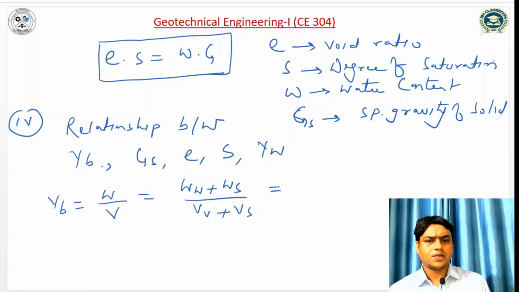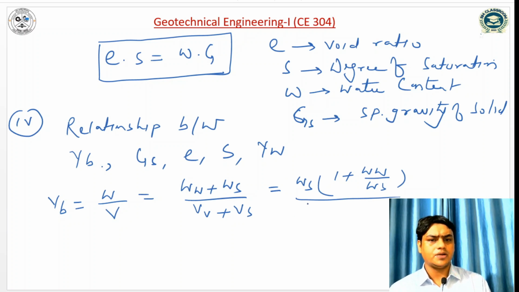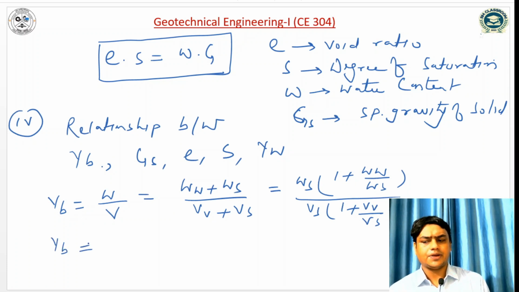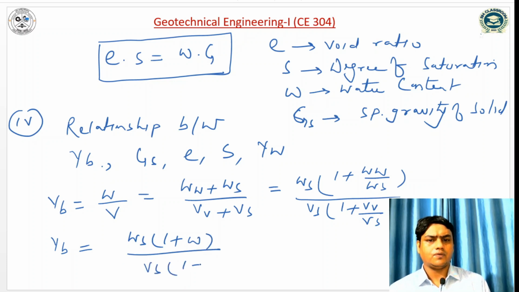If I take Ws common, so 1 plus weight of water by weight of solid, divided by, if I take volume of solid common, 1 plus volume of void by volume of solid. So unit weight can be written as Ws into 1 plus weight of water by weight of solid, which is water content, divided by volume of solid into 1 plus volume of void by volume of solid, which is the void ratio.